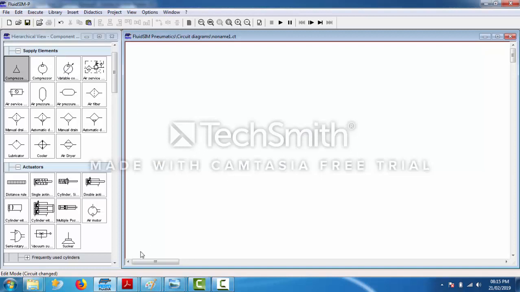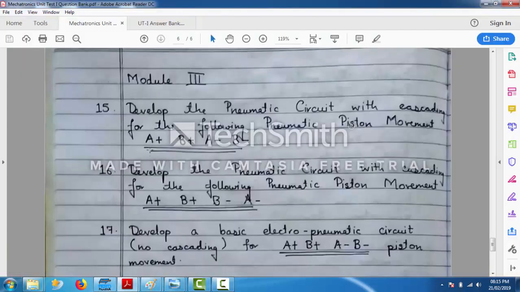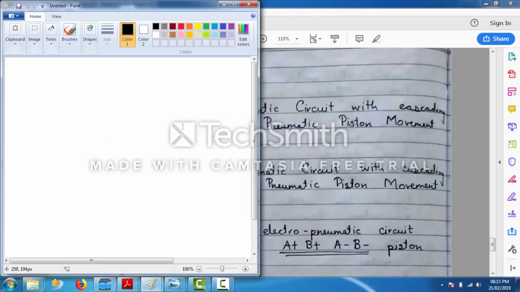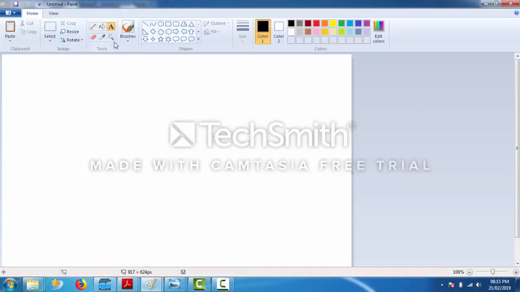As you see in this question, there are two piston cylinders that we require, cylinder A and cylinder B. So whenever you start drawing this circuit, the first thing that you should do is see the number of pistons or number of cylinders that are required. Then afterwards write them down. So I will write it over here.